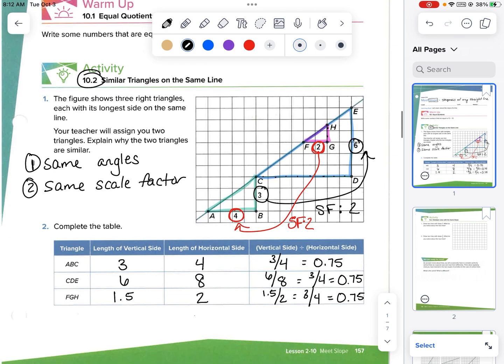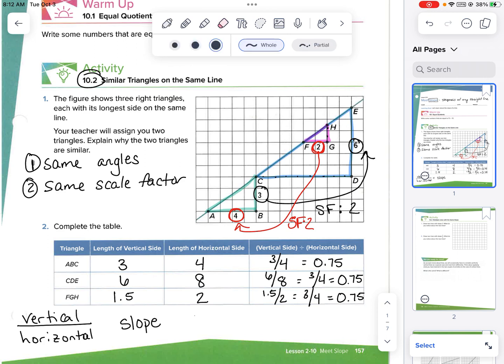These values, when we do our vertical, make sure you're writing down what I write down, divided by our horizontal, is how we find slope of a line. Okay, so anytime you know your vertical side length and your horizontal side length, that's how you're finding slope.